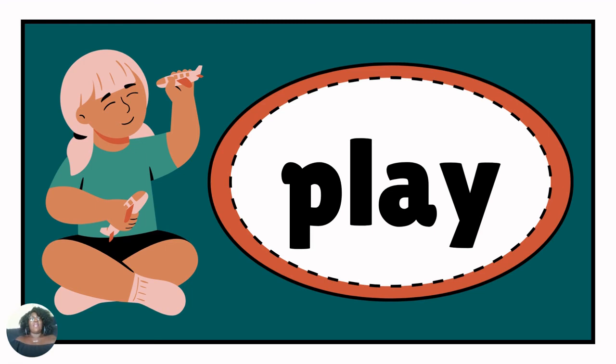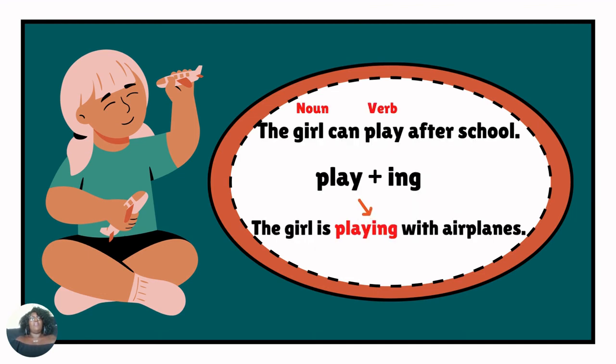Play. Again, pronunciation, play. Next slide. The girl can play after school is our sentence. Girl is the noun. Play is the verb. Play describes what the girl can do after school, possibly after she finishes her homework.